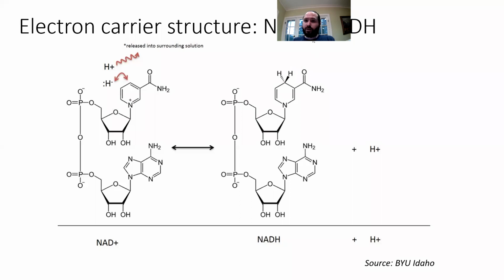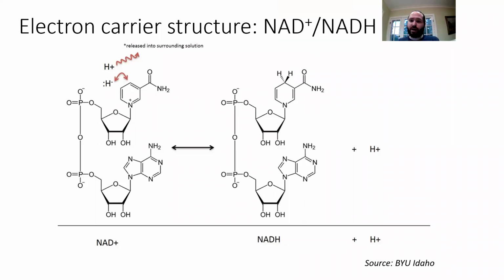All right. So as promised, we're going to look at the electron carriers. We kind of glanced at NADPH, and we saw NADH. While we're looking at that, we want to also see the oxidized and reduced forms of these guys. So we have our oxidized form of NAD, which is NAD+.